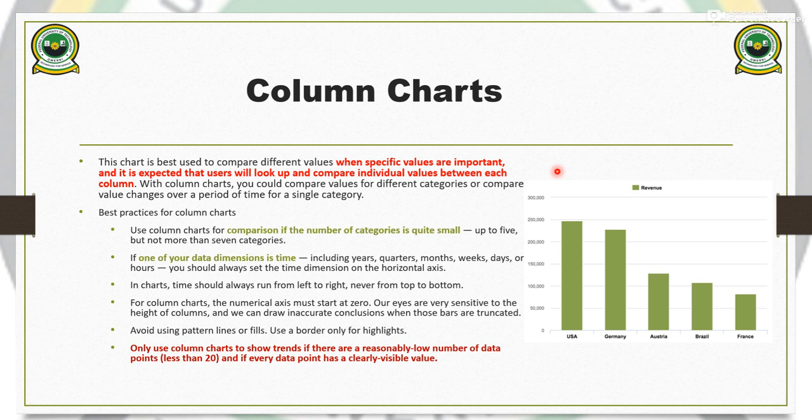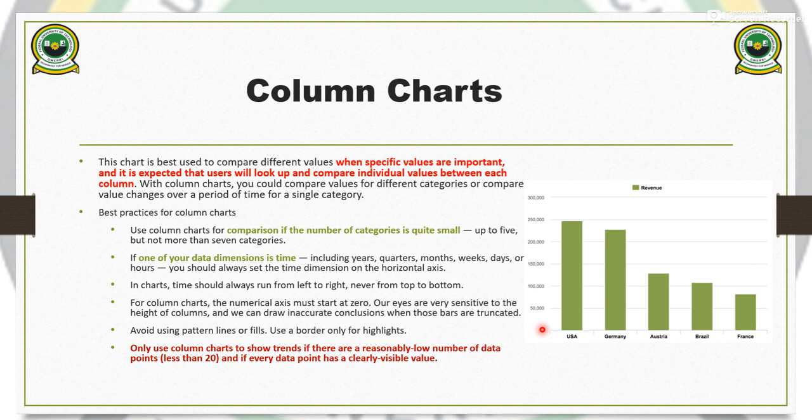For column charts, the numerical axis must start at 0. If there is need for you to plot numerical values, you must start from the zero position, because our eyes are very sensitive to the height of columns, and we can draw inaccurate conclusions when those bars are truncated.